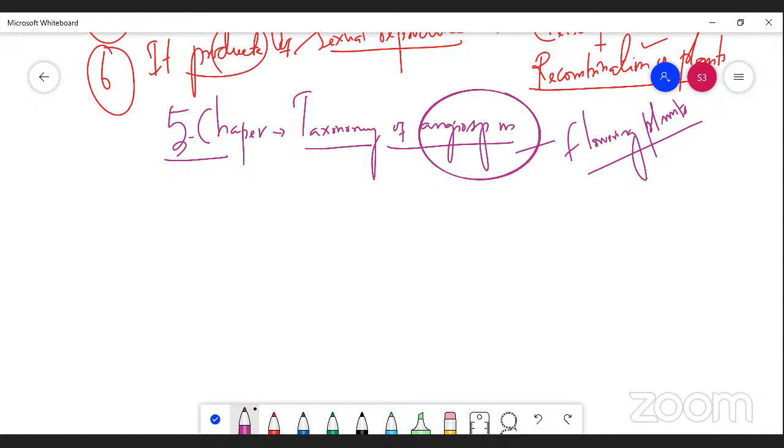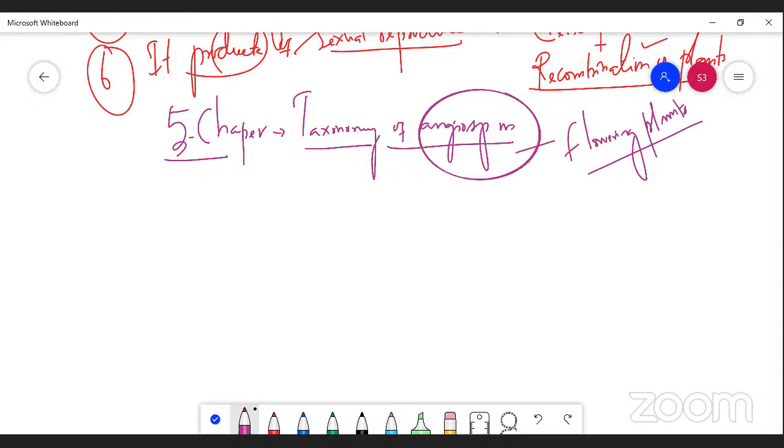Plants are the real companions of human beings because plants exist everywhere, in aquatic as well as terrestrial modes of life. That's what we say. Plants are the real companions of human beings in the universe.